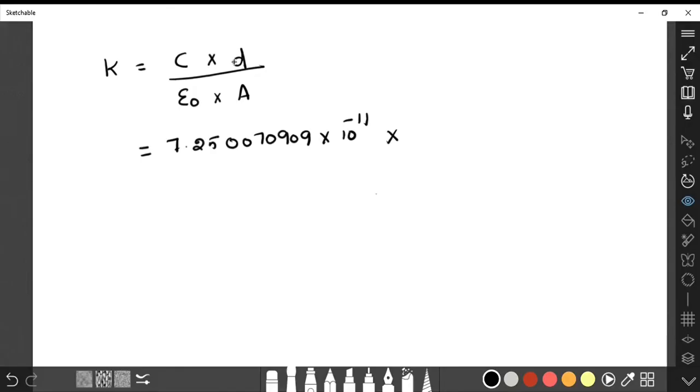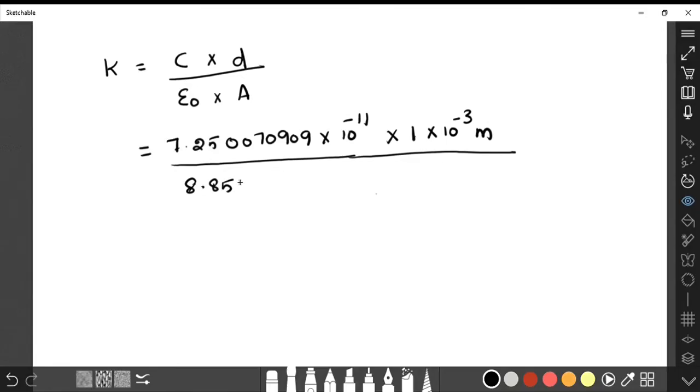Thickness of the sample is 1 millimeter, which is converted into meter, so 1 into 10 to the power of minus 3 meter, divided by epsilon naught value 8.854 into 10 to the power of minus 12 farad per meter, into area 4.4178 into 10 to the power of minus 3.